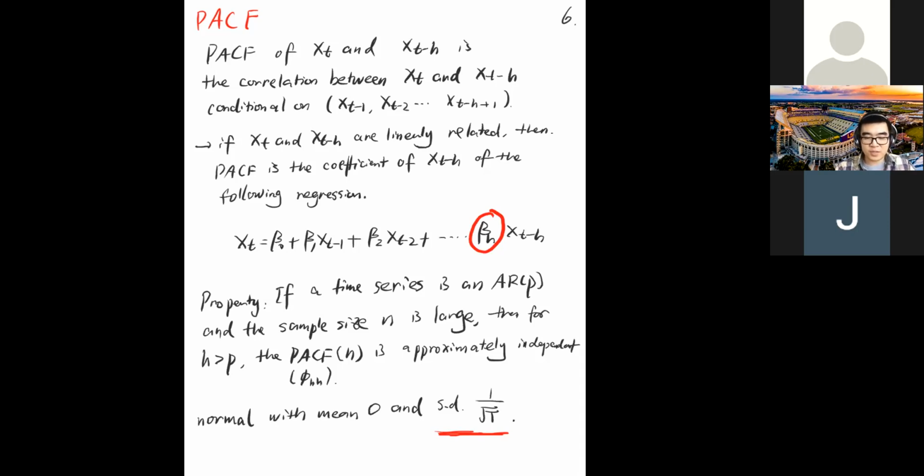For the ACF, we know that its asymptotic standard deviation is also 1 over the square root of T. For the PACF, it's basically the same story.